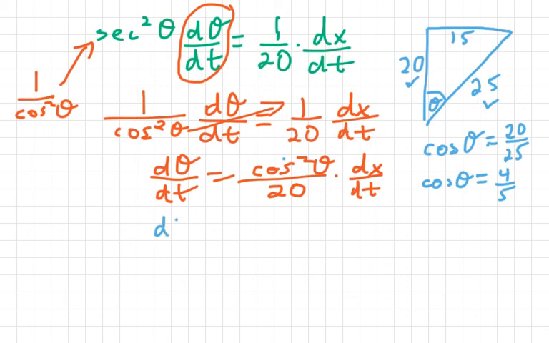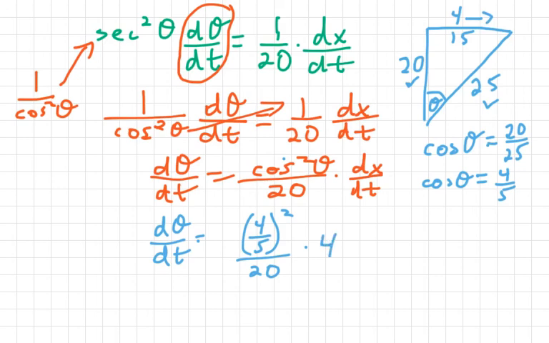So d theta over dt is equal to 4/5 squared divided by 20 times our dx over dt, if we remember, was 4 heading that way. So times by 4. So if I simplify this, what do we get? 16 over 25.